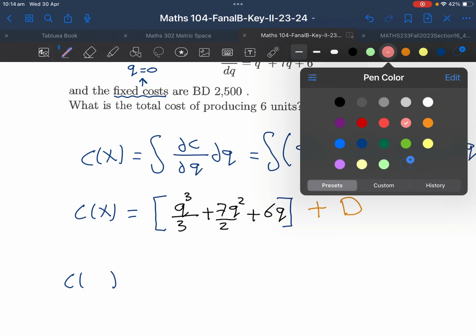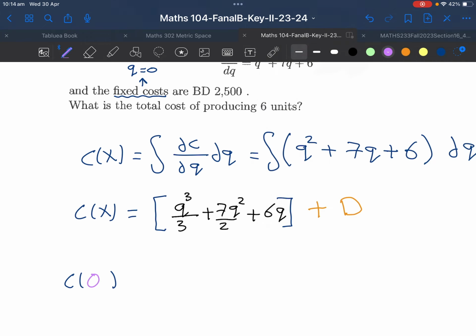So here we put 0 equal to, now, instead of every q you can see in the question, q cubed over 3 plus 7 over 2 q squared plus 6q plus d. Every q you can see, just substitute it with 0. How do I know it is 0?